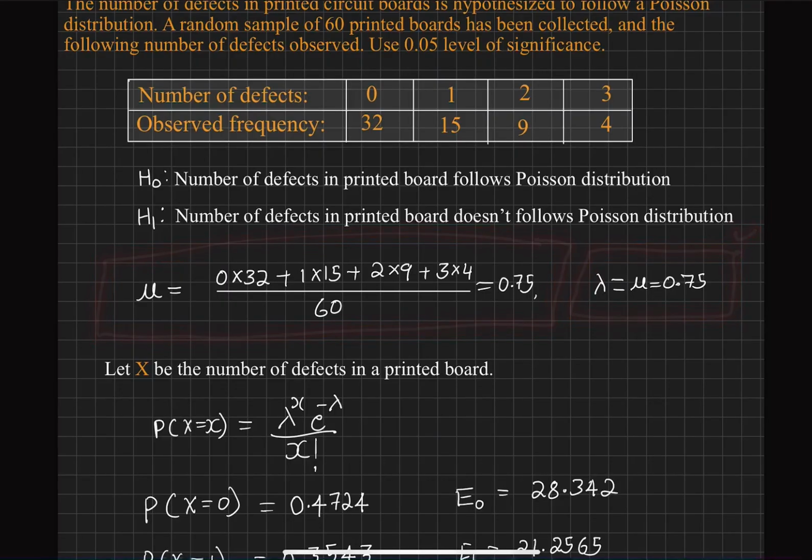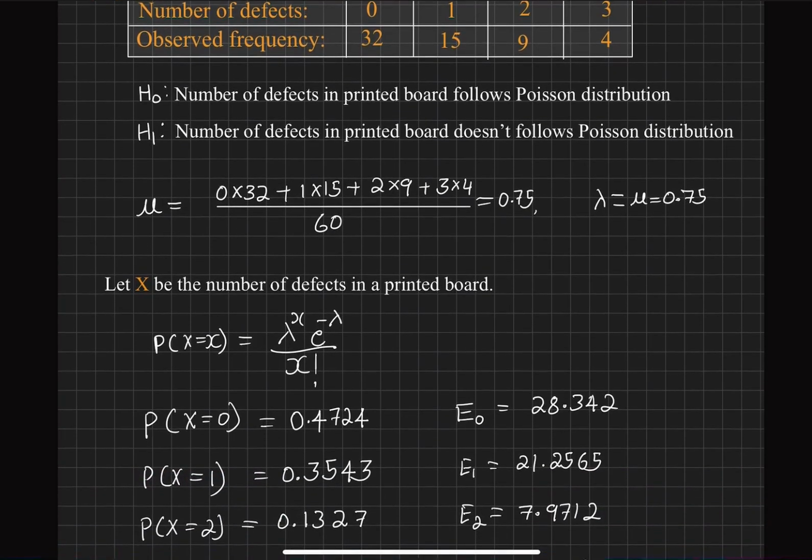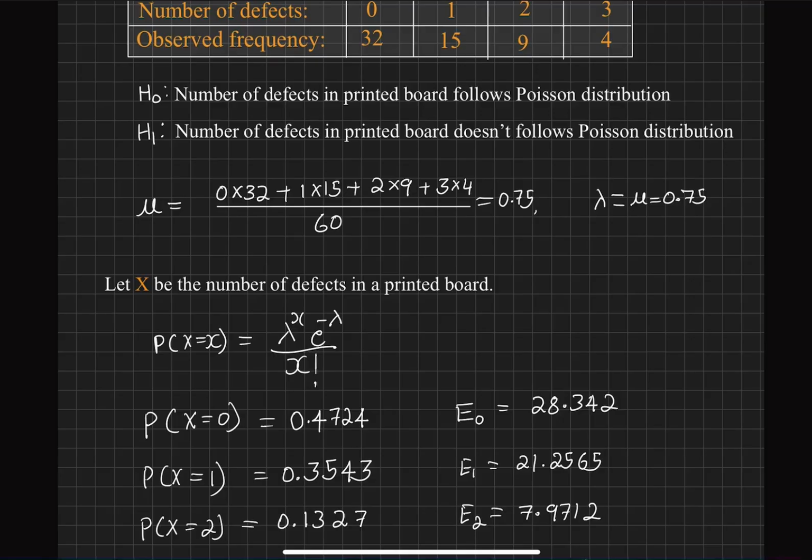Using this lambda value, let us determine the expected value. That is, first let us determine probability of x is equal to 0. Here by substituting x is equal to 0 in the probability mass function, we will get probability of x equal to 0 as 0.4724, and this value corresponds to one board.